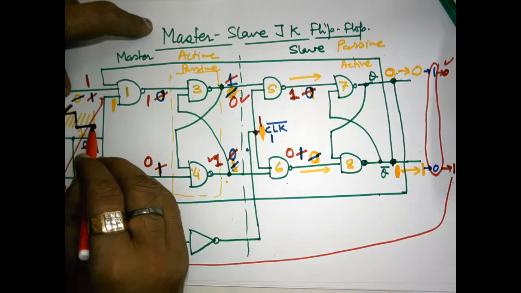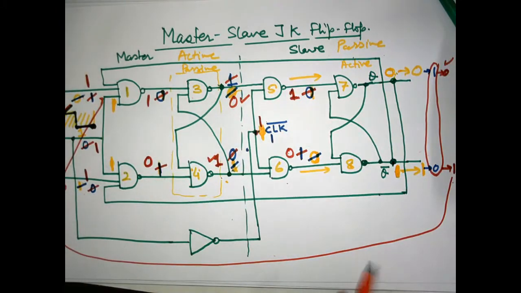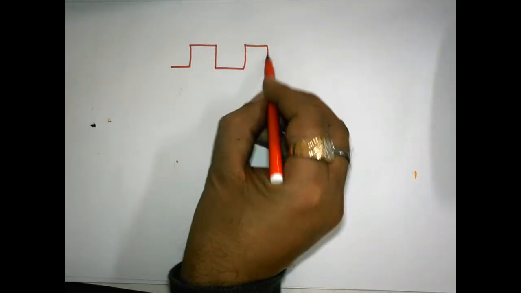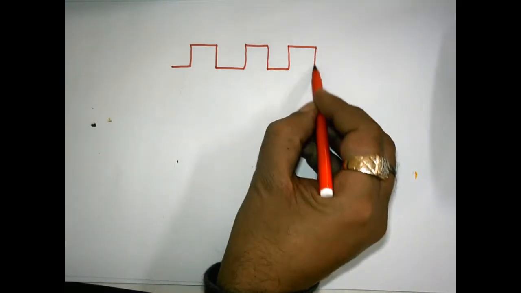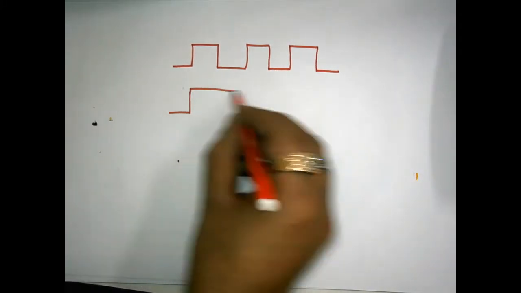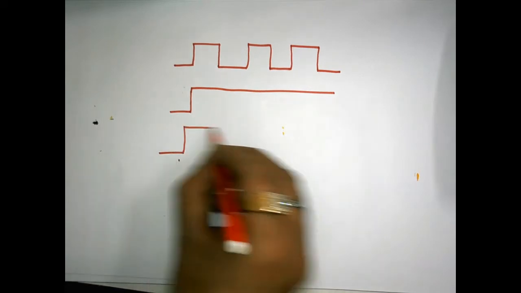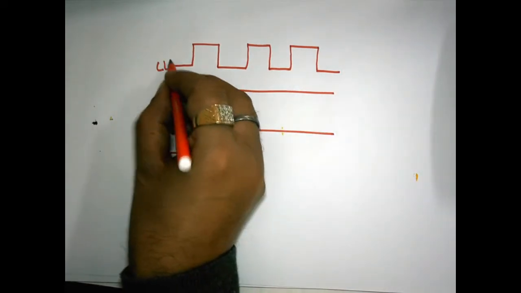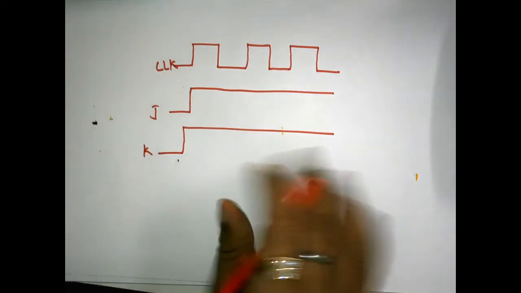Now you see the situation when the clock is alternately becoming 1 0 1 0, and J and K are both 1, J equal to 1, K equal to 1, and the clock is acting this way.